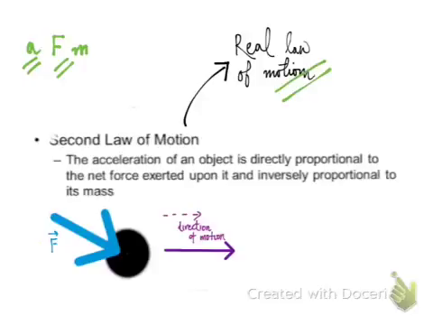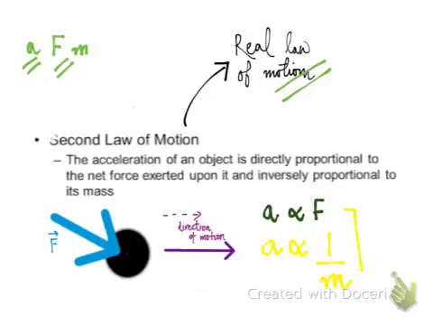So it is given that the acceleration is directly proportional to the force, and the second point is the acceleration is directly proportional to 1 upon mass, or it is inversely proportional to the mass.